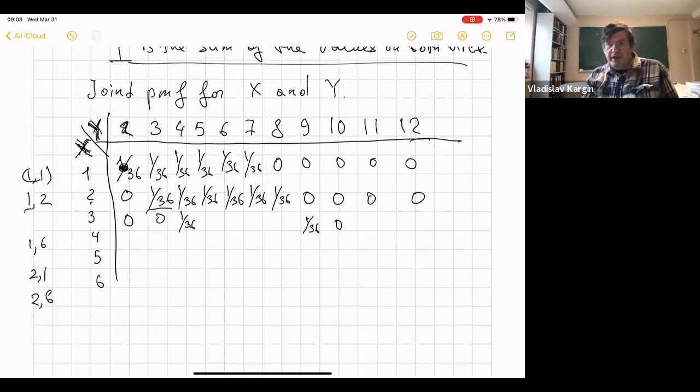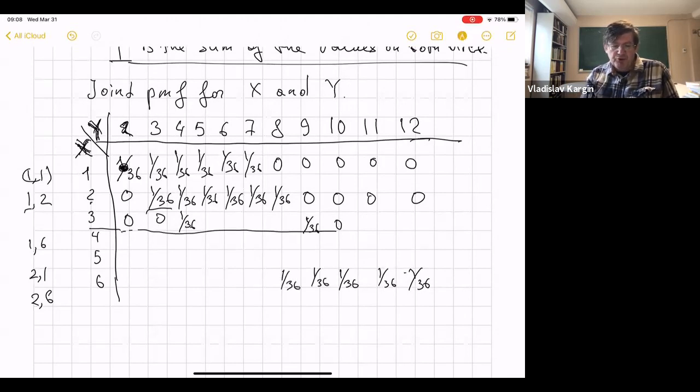So now how does this table end? You can continue this table on your own. Okay, for 6, a 6 and 6 is possible, so here we have 1/36. 11 is possible, 1/36. 10 is possible, 1/36. 9 is 6 plus 3, also possible, 1/36. 8 is possible, 1/36.